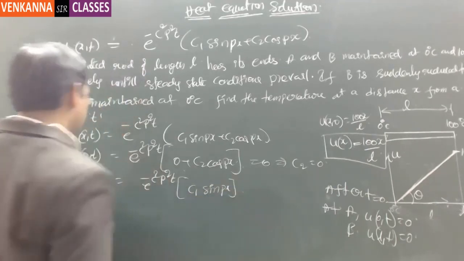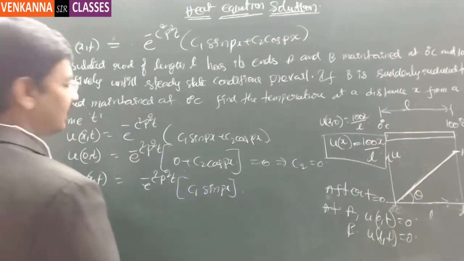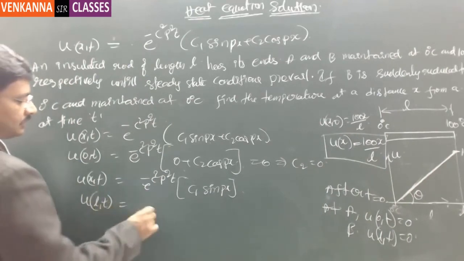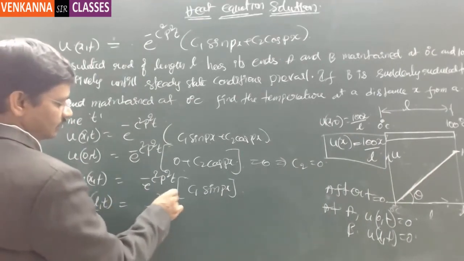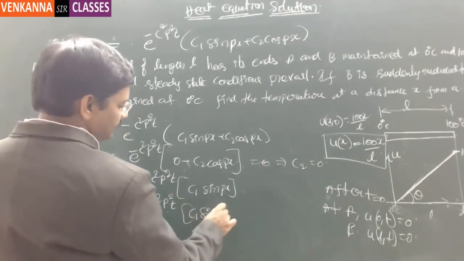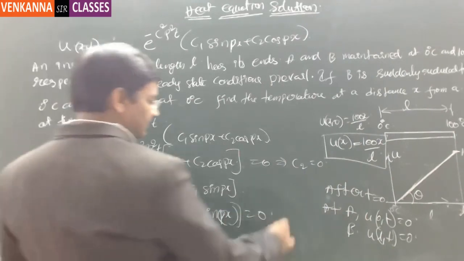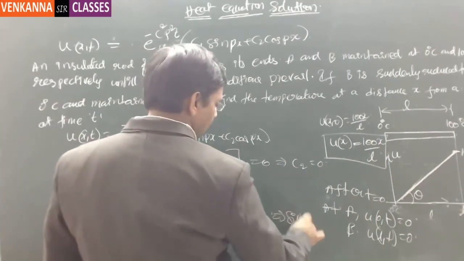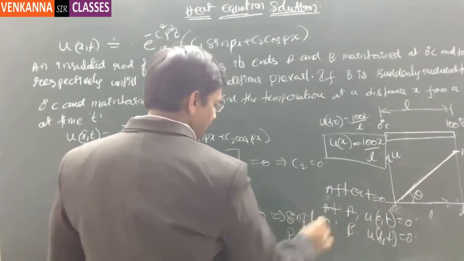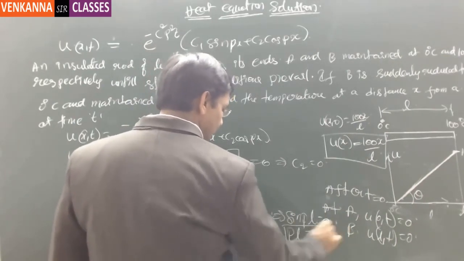Now substitute the second boundary condition, that is u of L comma t is again 0. So e power minus c square p square t into c1 sin pL equal to 0. So it implies sin pL equal to 0, that is the only possible method. So pL is equal to n pi, because the general solution of sin is n pi.